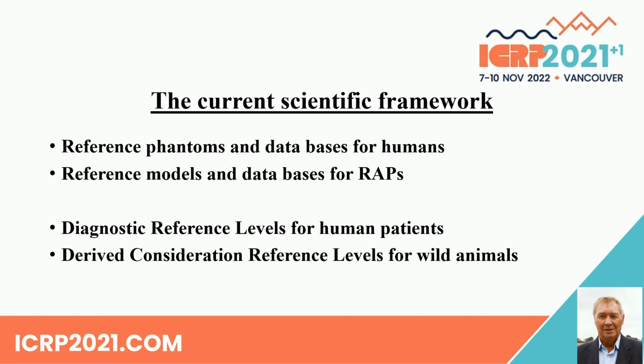All of these scientific points of reference have then been used to provide practical guidance by way of diagnostic reference levels for human patients and by way of derived consideration reference levels to help optimize the appropriate response to different environmental exposures for wild animals.